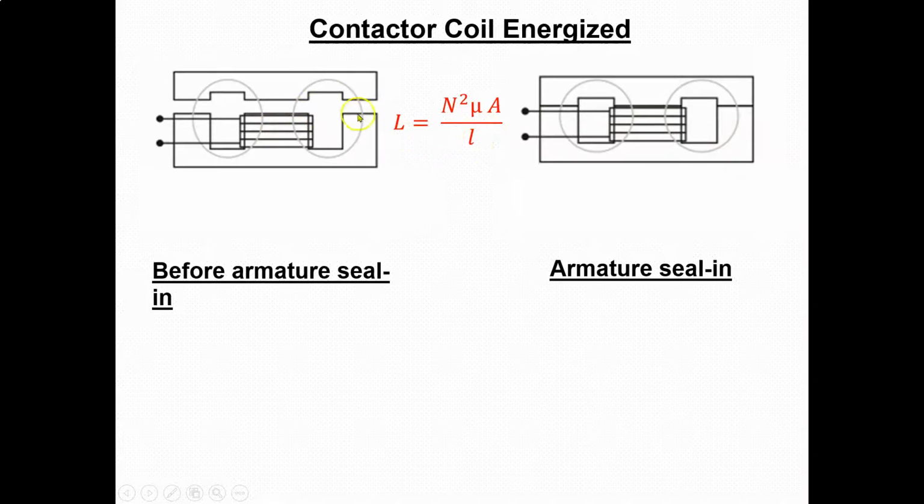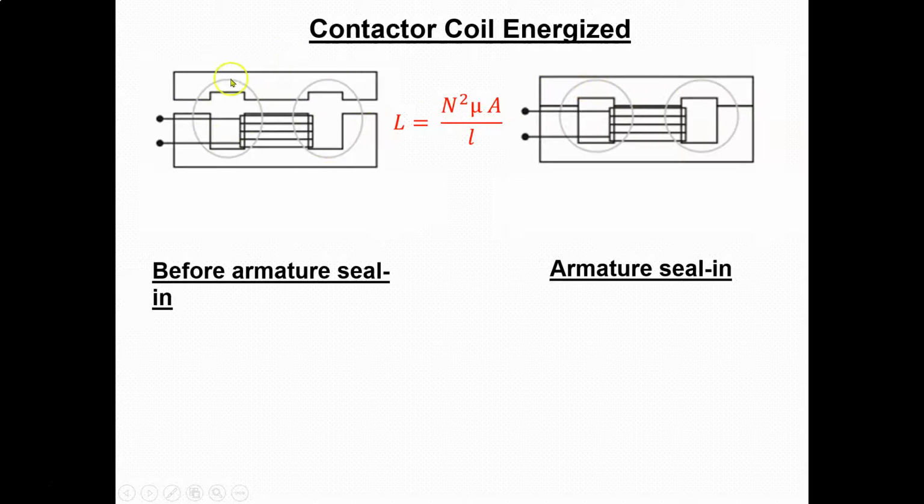So that's how far that flux has to travel through that path to get to the armature, to pull it in. Right now I have an air gap, and we know that lines of flux don't really like traveling through air, but they will. They'd much rather travel through something like a soft iron core, like this guy here.